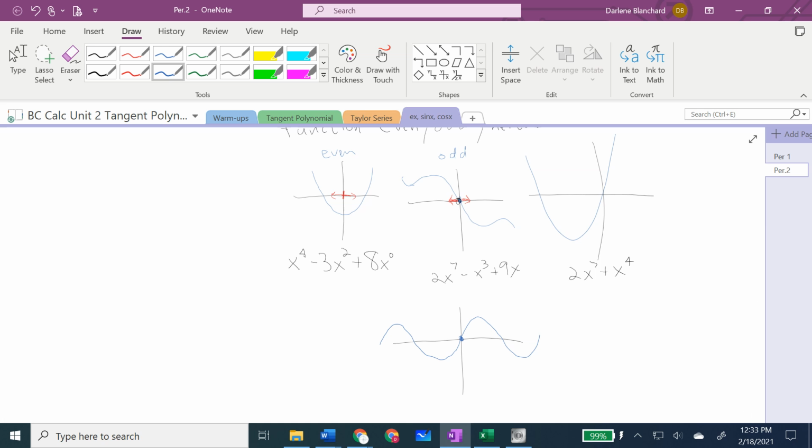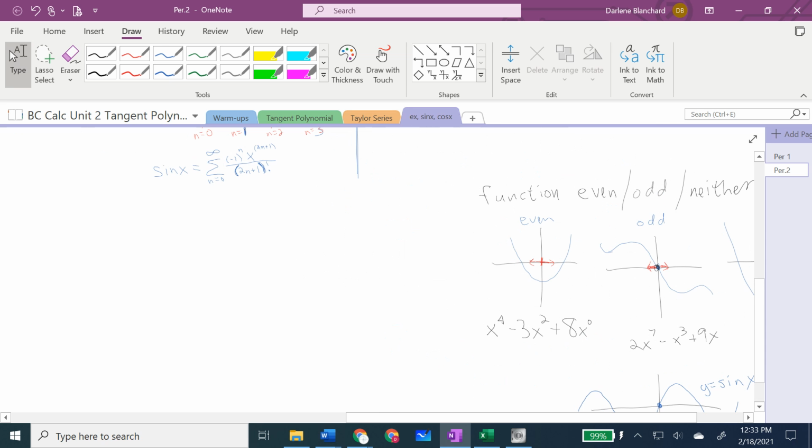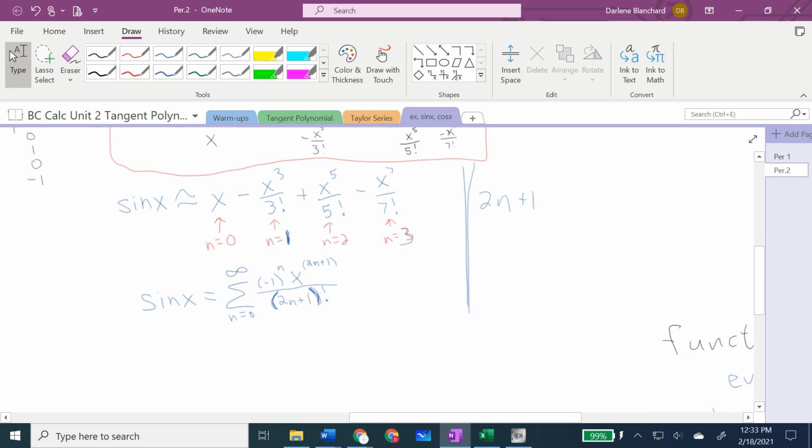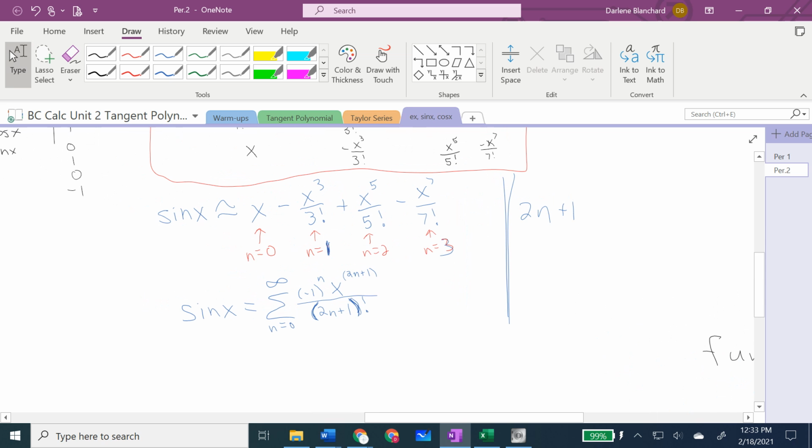Sine is an odd function. If I am centered at 0, an odd function's polynomial has to be odd. Let that help you to remember the formula for sine.